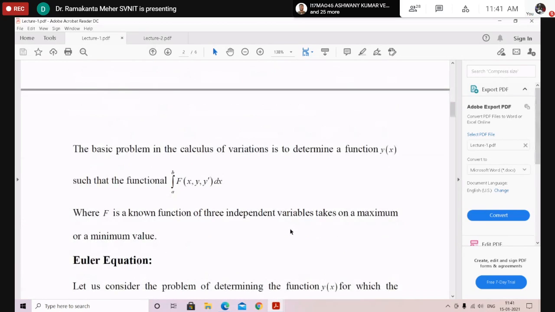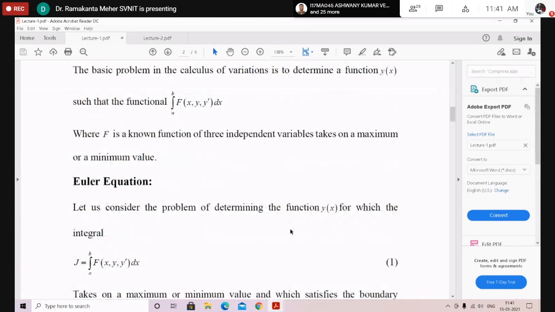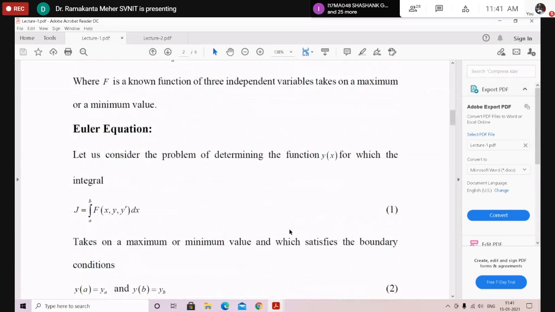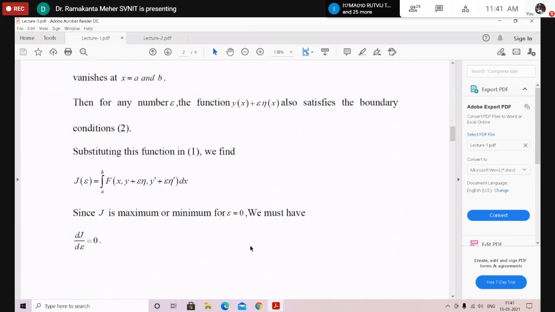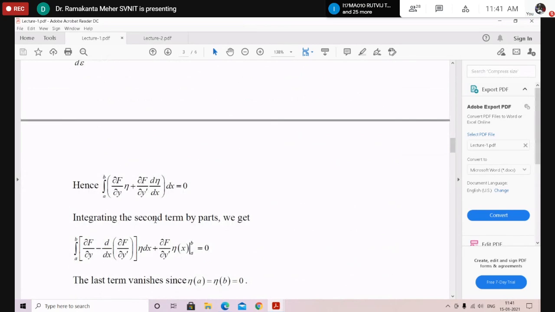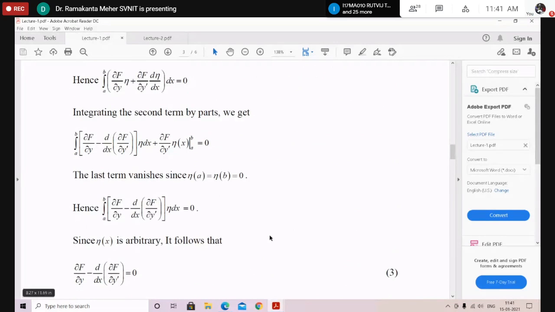To extremize a functional, we have derived an equation, the Euler equation, which can be easily used for finding an extremal of a variational problem, so that we do not have to derive everything directly.